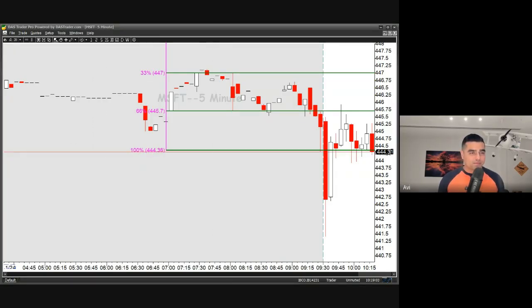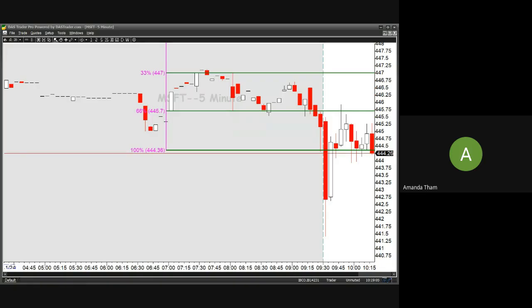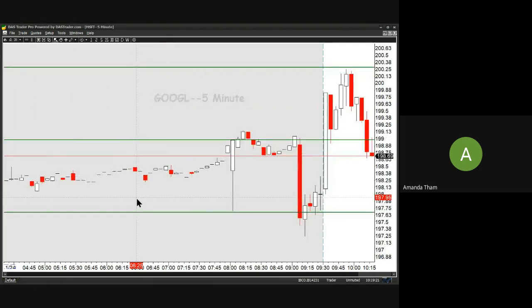Yeah, Amanda, go ahead. I remember from the webinar yesterday that when it goes to the next level, you might contemplate an entry. So if you look at Google, say it went and hit the top level and it went to the second, is that considered an area where you might do a trade to continue to short or no?